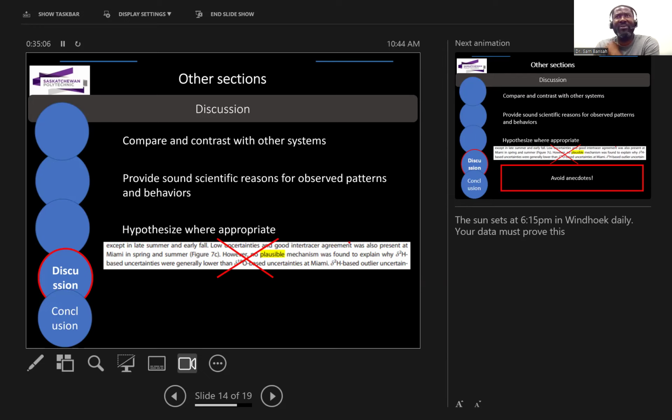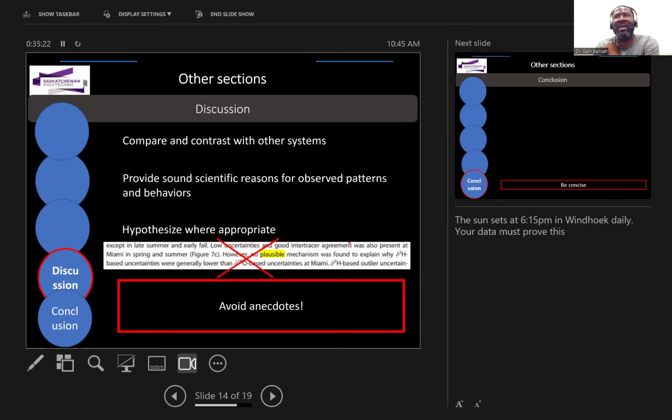That is a good way to go about this section when you are not sure about certain things, right? A hypothesis is just a hypothesis. It could be true or it could be false. So don't leave things unexplained. Hypothesize. And also avoid anecdotes. Avoid saying things that are not captured in your data.